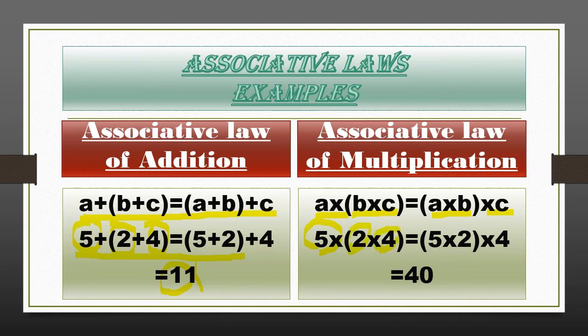Now put these numbers in the given property. The placement of brackets doesn't matter when it comes to multiplying the numbers, the result will be the same. And we get 40 in the answer.